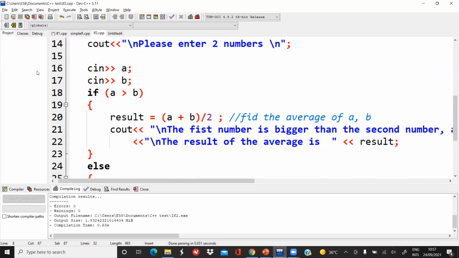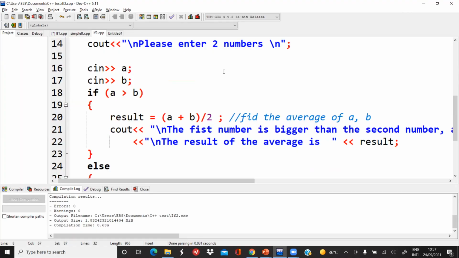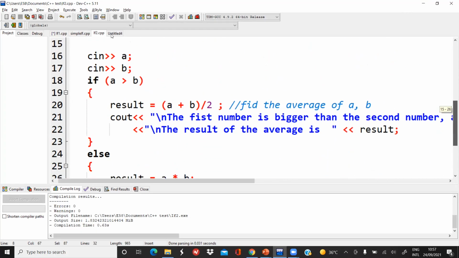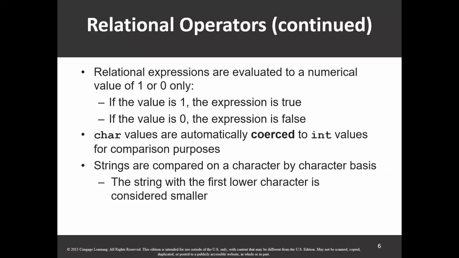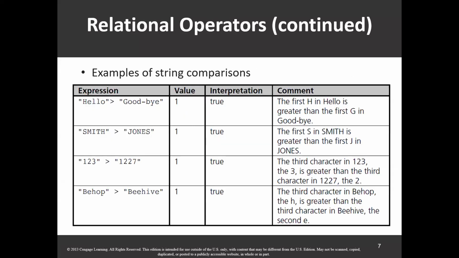I'll try to use more and more conditions, more and more relational operations. As I told you, I'm going to upload these two programs for you along with the recorded lecture and the slides. In the class, we will talk more about relational operations.